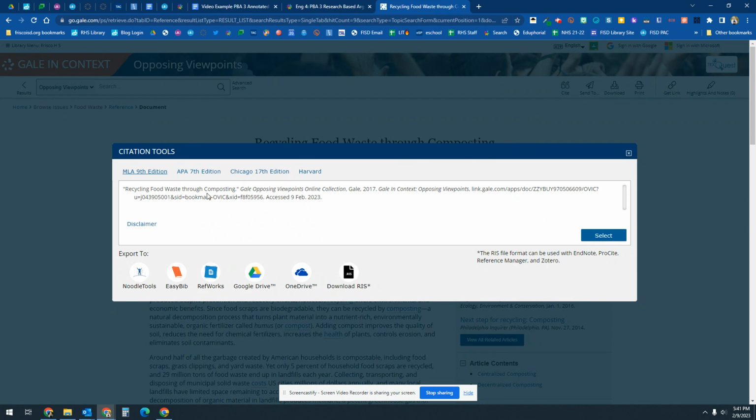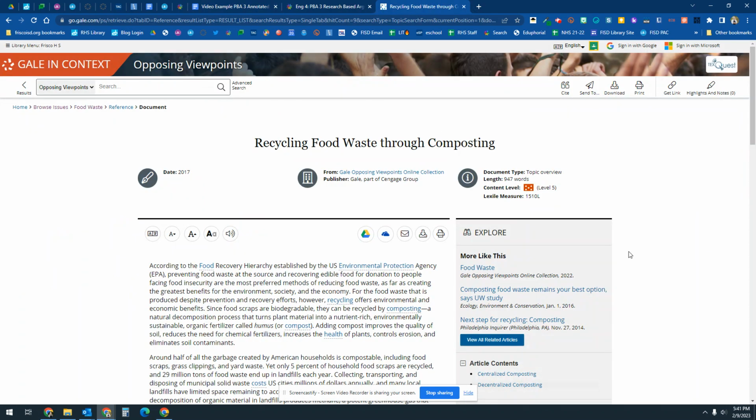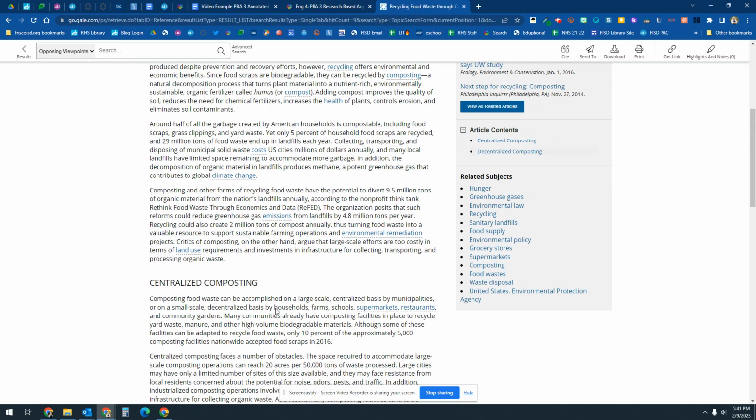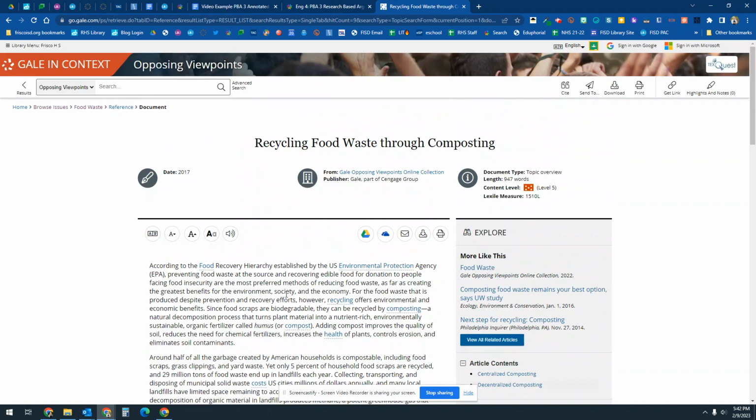I would click on that site and copy and paste this into my annotated bibliography right here where it says citation. Then I would examine the article. But knowing that it is a reference article is going to tip me off to the fact that there's probably very little bias in here. It's probably mainly information and facts and figures and things like that that are going to be related to my issue.